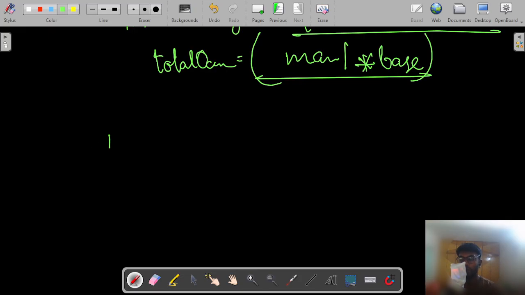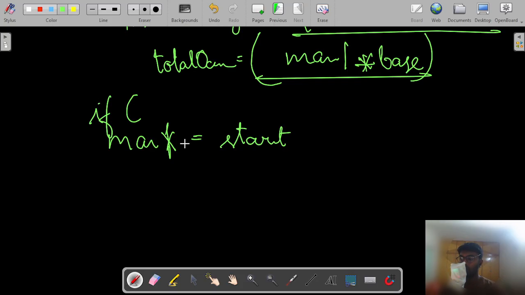So we will be keeping track of max 1, which is equal to start, and we shall have a condition, say if max 1 is greater than max 2, then we will do it this way.